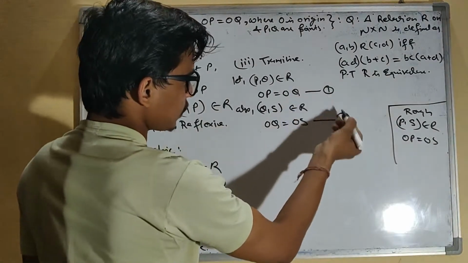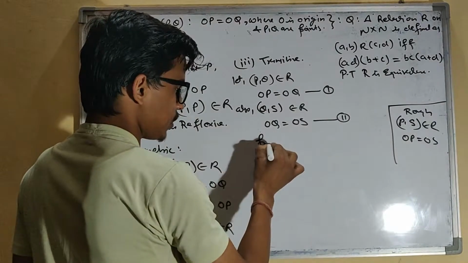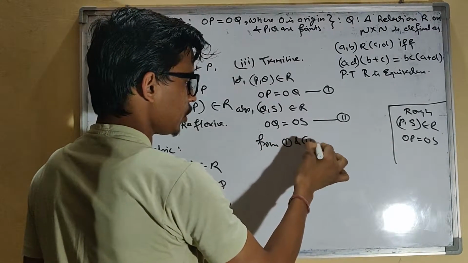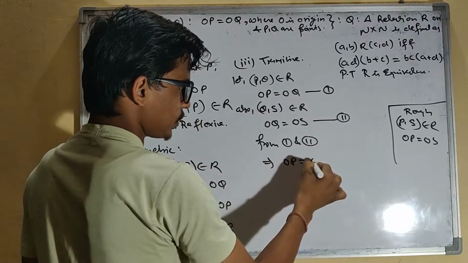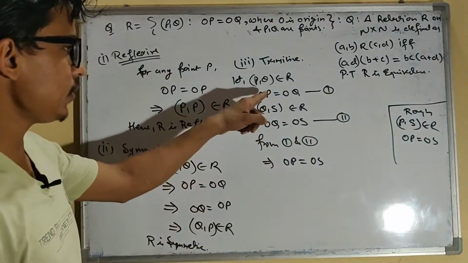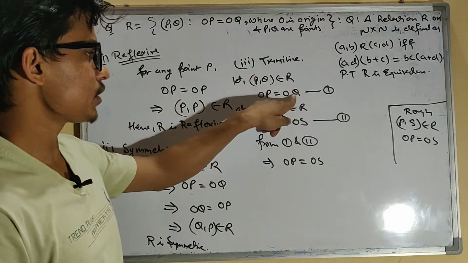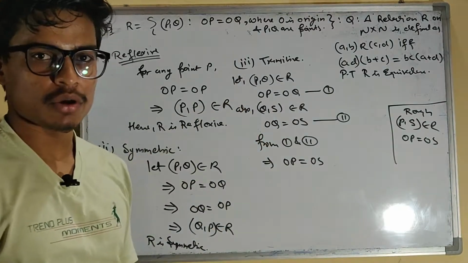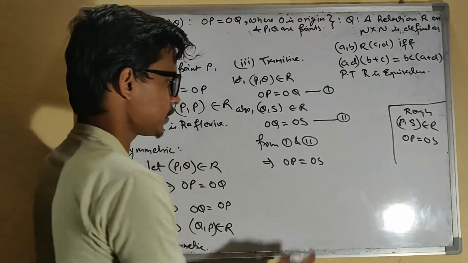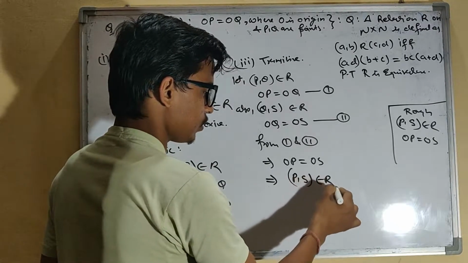Now from first and second, OP equals OQ and OQ equals OS. So from 1 and 2, by comparing these two, you can say that OP equals OS. It is very easy, right? OP equals OQ and OQ equals OS, so you can substitute the value of OQ here, and OP equals OS. So that's it. This implies that (P, S) belongs to R.